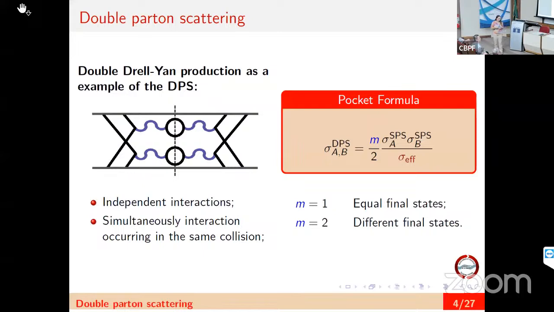So before we start thinking about any kind of correlations, we need to figure out how to build an effective cross-section that works for an ultra-peripheral collision. And this was done for the first time by the collaborators of this work.